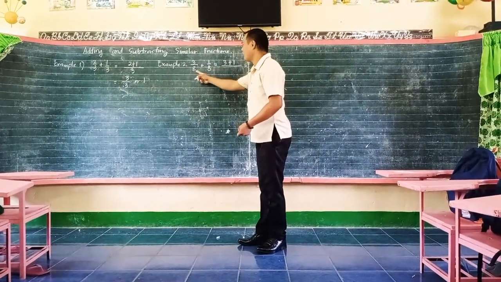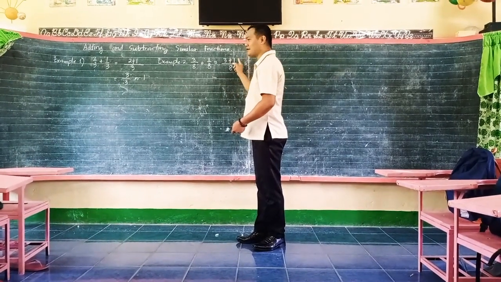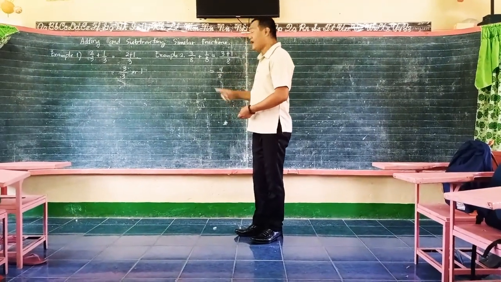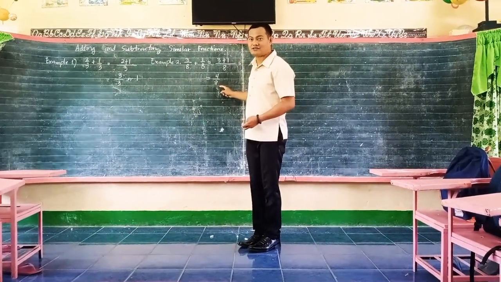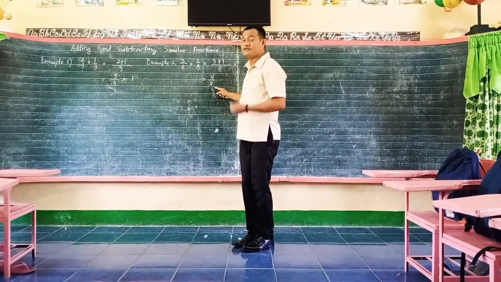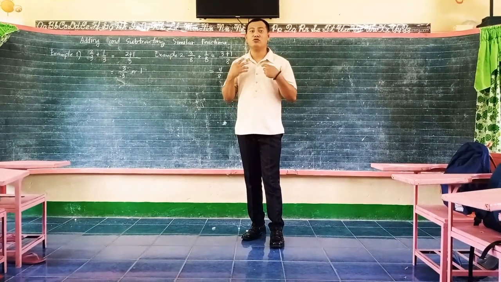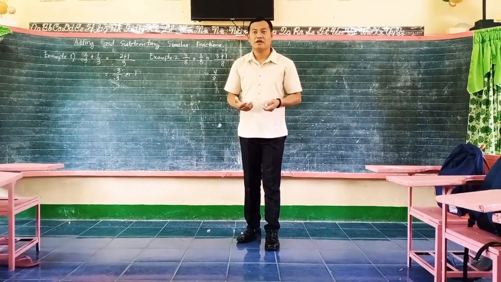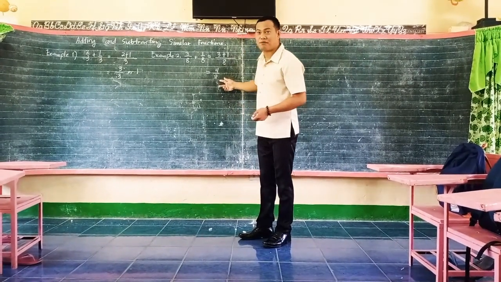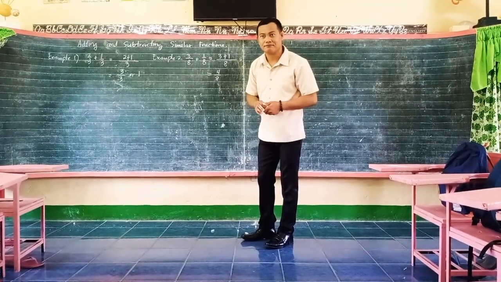Then we copy the common denominator. So 3 plus 1 is equal to 4 over 8. Can we consider this as our answer? Yes, but in the rule in adding similar fractions, we have to simplify our answer if it's possible. Do you think we can reduce this into its simplest form? Very good. So how are we going to do that?